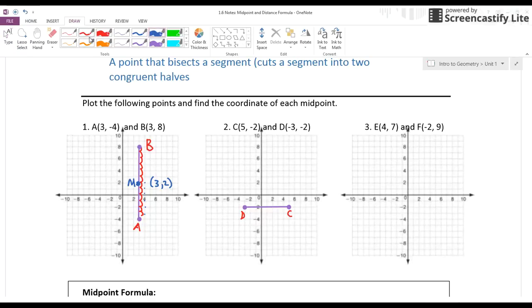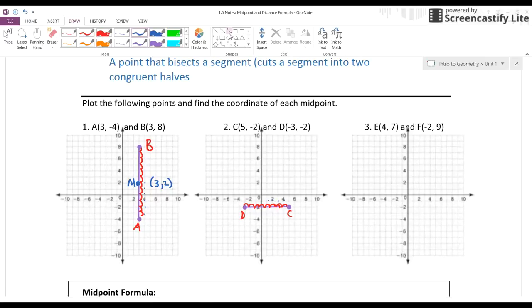Well, remember again, because this is horizontal, it's super easy for me to go just straight across. So I can see it's 1, 2, 3, 4, 5, 6, 7, 8 spaces away, and half of 8 is 4. So I would just count backwards and go 1, 2, 3, 4.